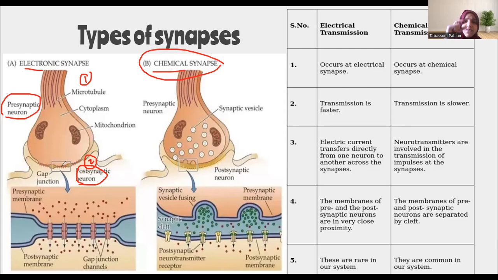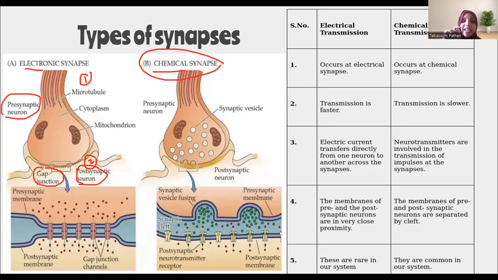So the synapse is very, very close together, and you have this special gate or opening, which are known as gap junctions. There are different types of these communication channels: you have gap junctions, you have intermediate junctions, and in plants you have plasmodesmata. So these serve as communication channels.